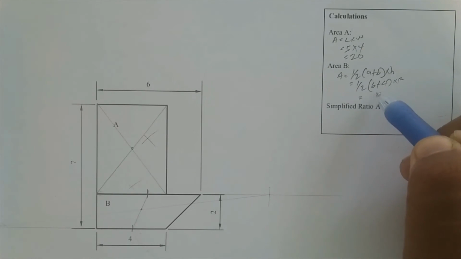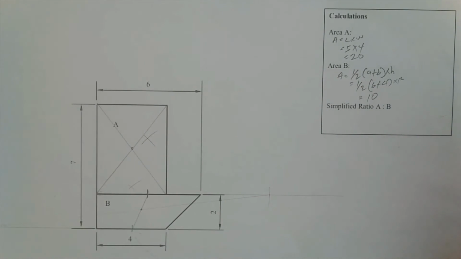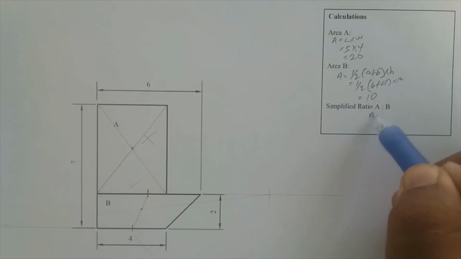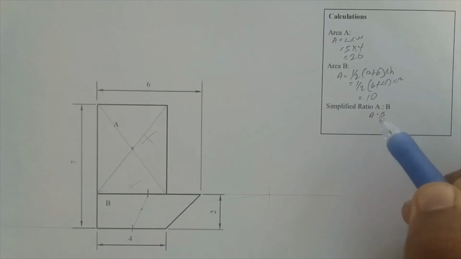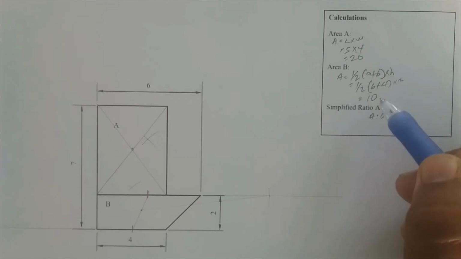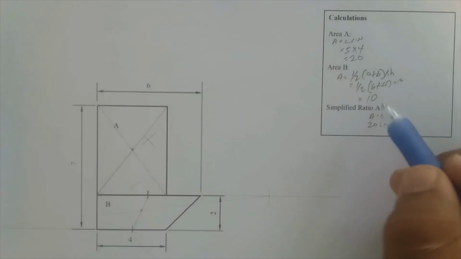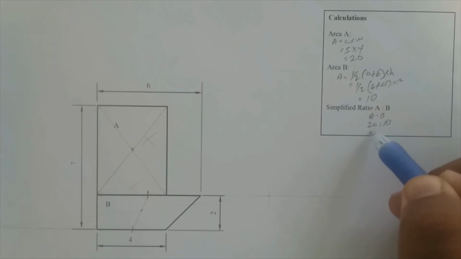So the area for the trapezium is 10. In simplified ratio form, area A is to B, 20 is to 10, simplified 2 is to 1.